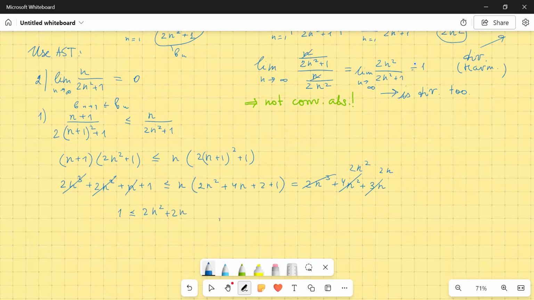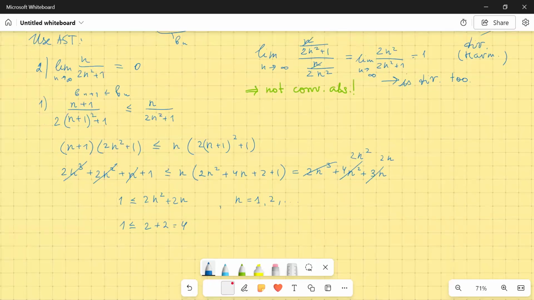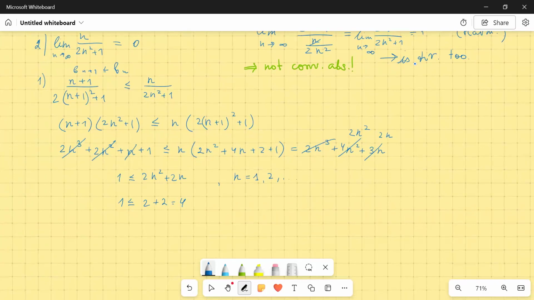Is it true? Let's remember that n is 1, 2, and so on. So for 1, it's going to be true, right? If you plug in 1 over here, it's going to be 2 plus 2, which is 4, and everything greater than 1 is going to be, of course, greater. But if you want to make it absolutely strict, you can write down that n is greater or equal than 1.